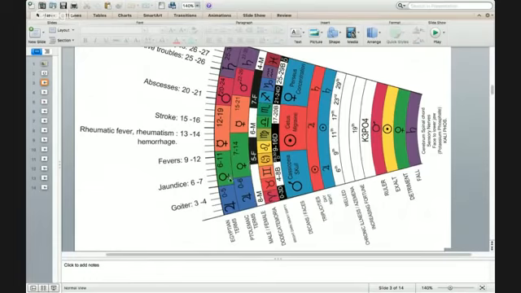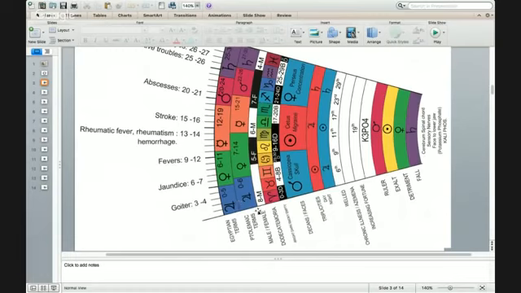Okay? And finally, the two outer rings have to do with the terms. The terms are also very important in the essential dignities chart, because every planet rules certain terms.